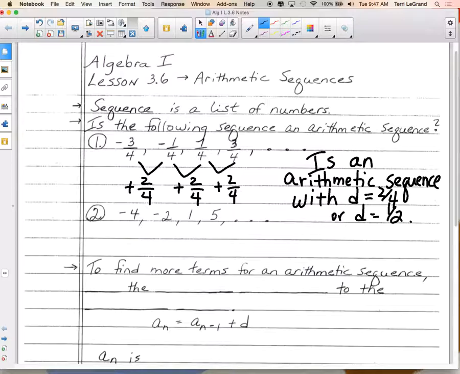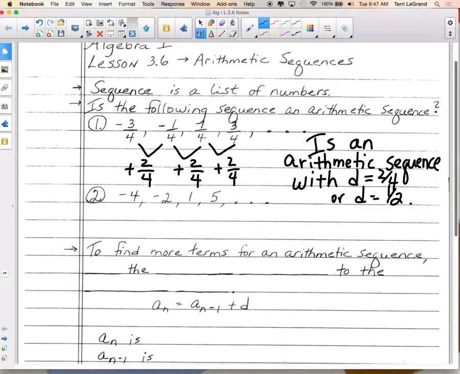We're going to talk about another way that you can keep finding more terms, but I'm going to let you keep it this basic. Anybody have any questions? How about the next one then? To get from -4 to -2, what do you do? Add 2. To get from -2 to 1? Add 3.